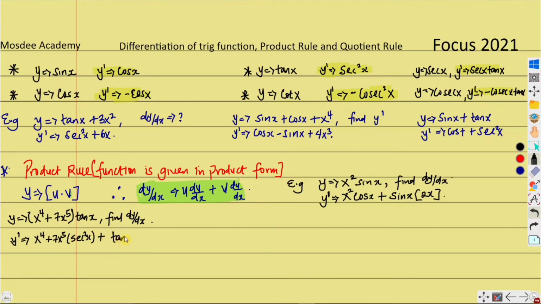You take tan x, you differentiate the first one, using our logic of x raised to power n. We're going to have 4x to the third power plus 5 times 7, which is 35x to the fourth power, which will be the answer. So guys, I don't think you should have issues when doing questions on the product rule.